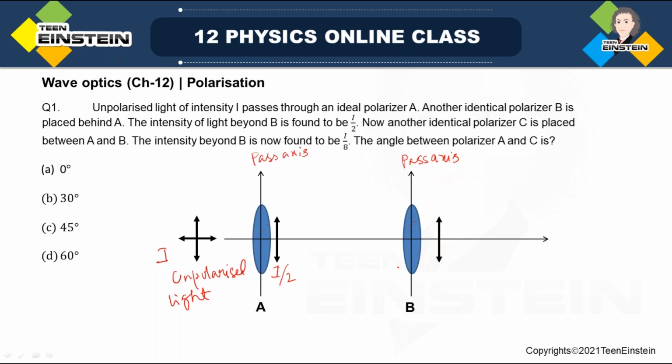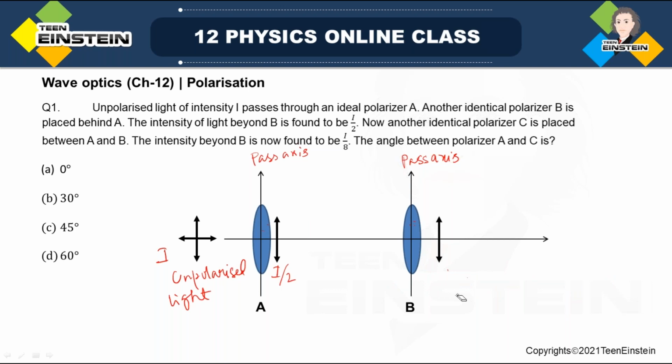So if I write this I 0 by 2 as the initial intensity, then it is multiplied by cos square 0 degree because the angle is 0. So you get I 0 by 2 only, or I by 2 only. If the pass axes are parallel, then there will be no reduction in the intensity. The intensity remains the same.